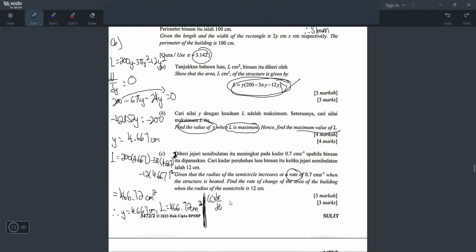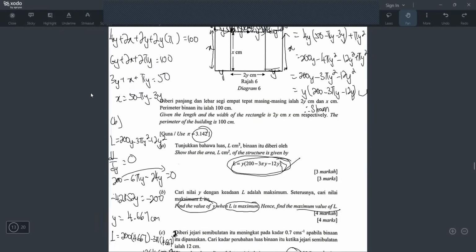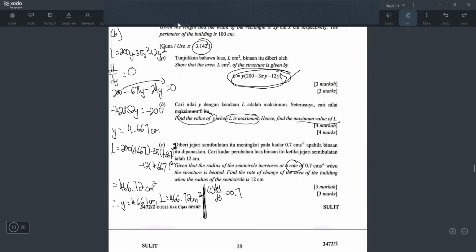So the radius of the semicircle is 0.7. Actually you cannot use dr. You have to use dy, because in this case your radius of the semicircle is y. Do you remember? So that's why I have to write dy dt. And then it says when the structure is heated, increase, and then find the rate of change of area, which is dA dt, because rate means over dt, and then area so dA.